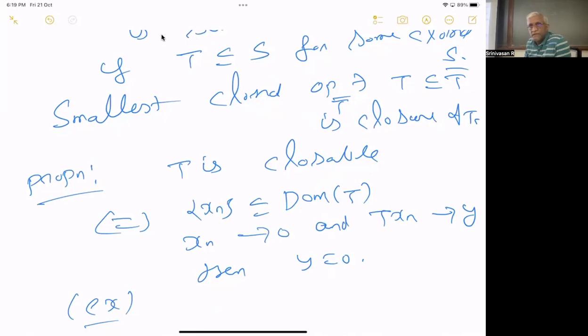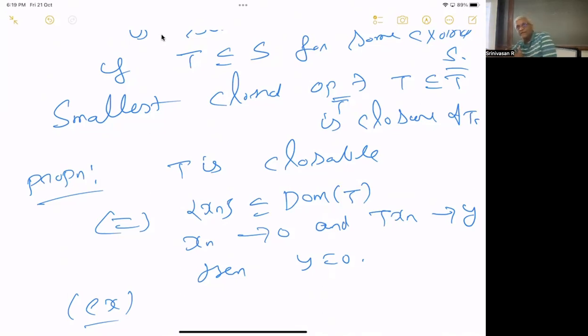It is not continuous at 0. Continuous at 0 means x_n goes to 0, T of x_n should go to 0. It doesn't say that. We should be very careful with them. It is unbounded. That is what we are dealing with, unbounded operators.